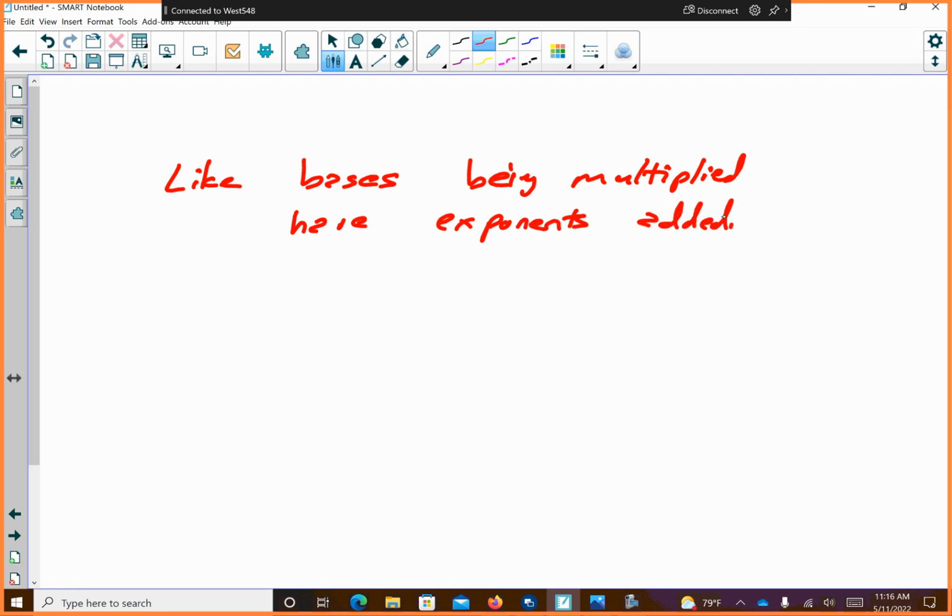And then something I saw, I'm going to put a little note here. Bases won't multiply, so they stay the same. If you had x to the 4th and x to the 6th, it becomes x to the 10th. The x's don't multiply together. You just combine it into 1.